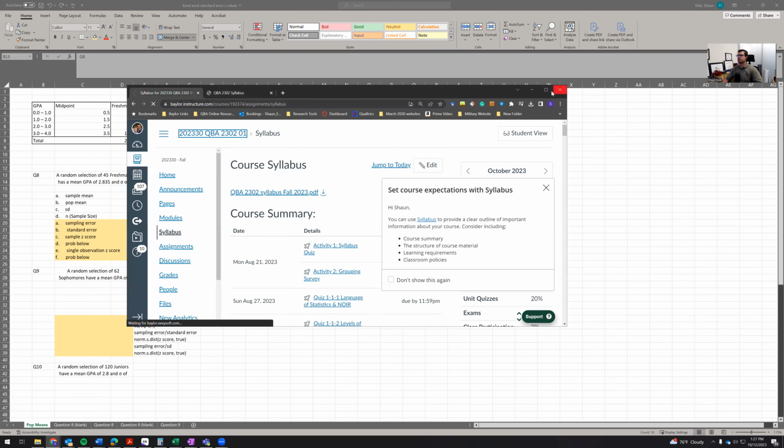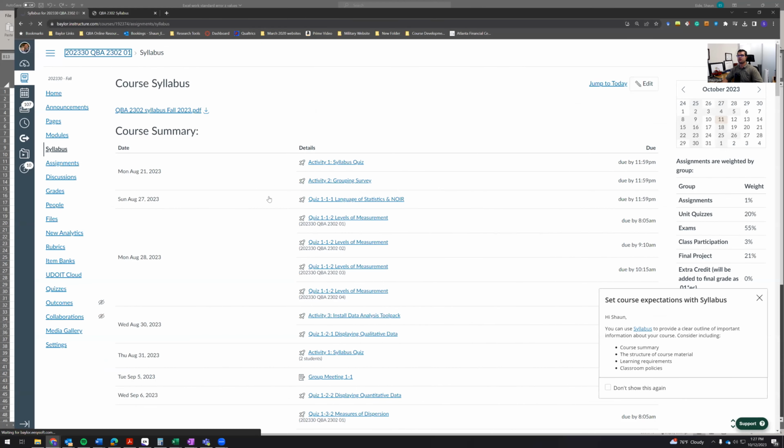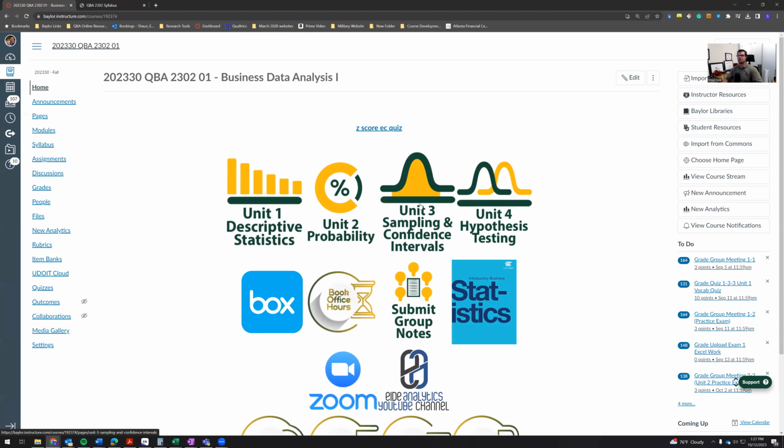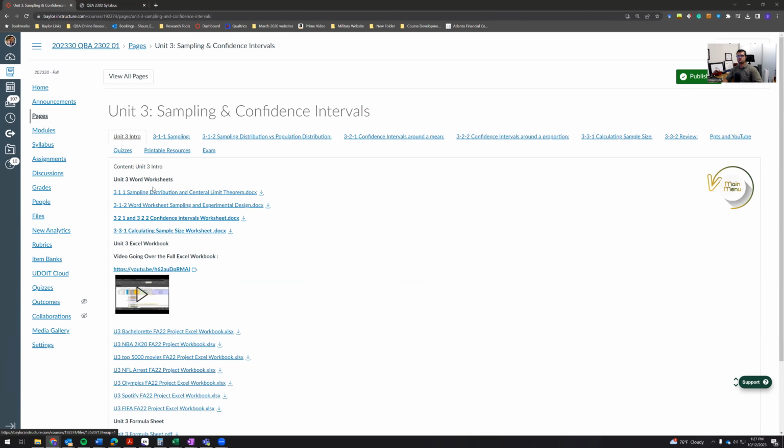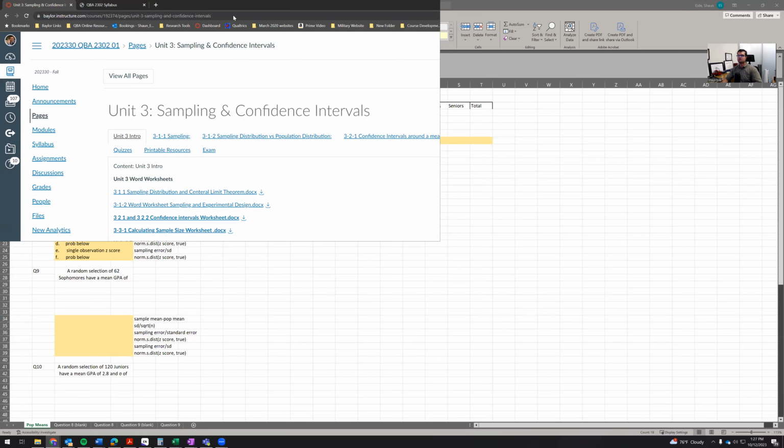So you go here to Unit 3, and I'm going to put it right here under Unit 3 worksheets. I'll put the 3-1-1 Word worksheet in Excel, and I'll put a link for it right here so you can download it.